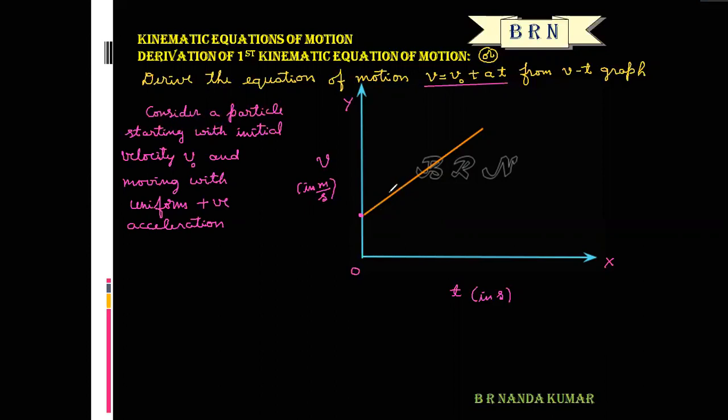That means the velocity of a particle changes by equal amounts in equal intervals of time.